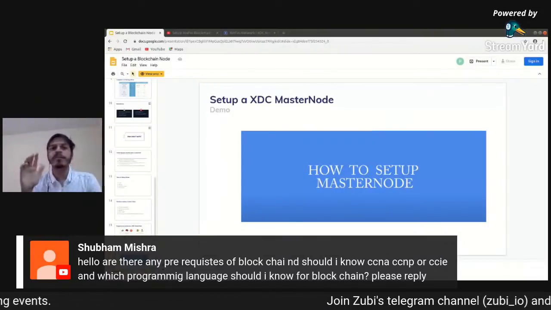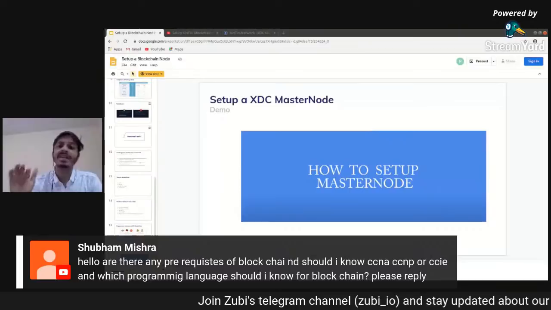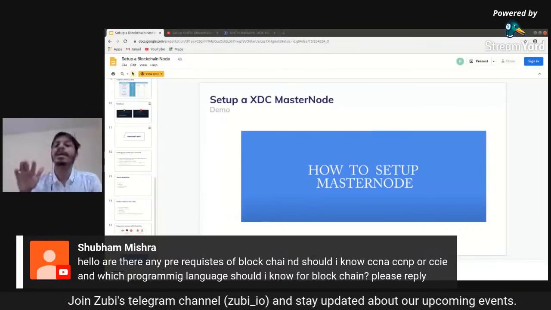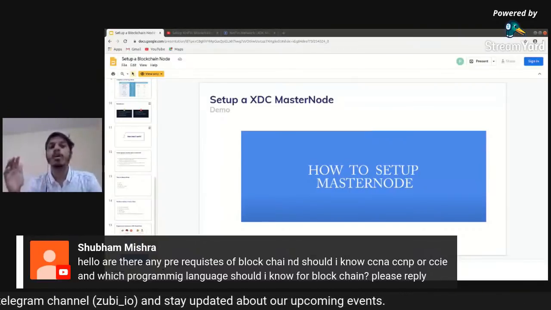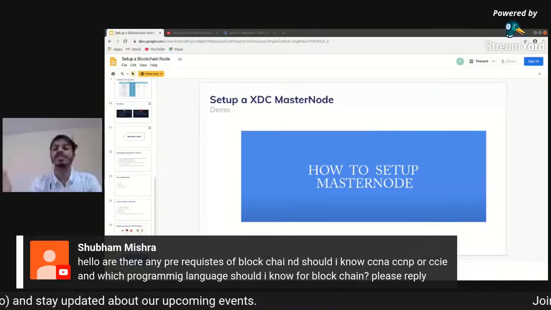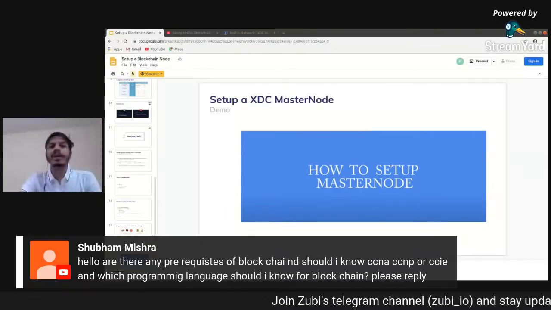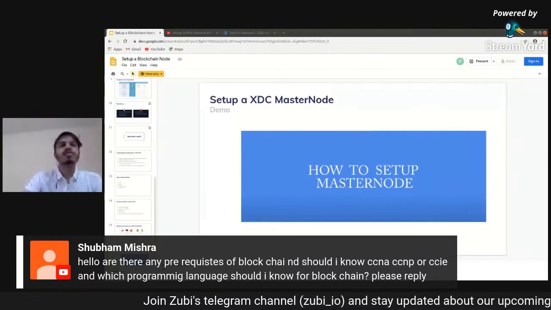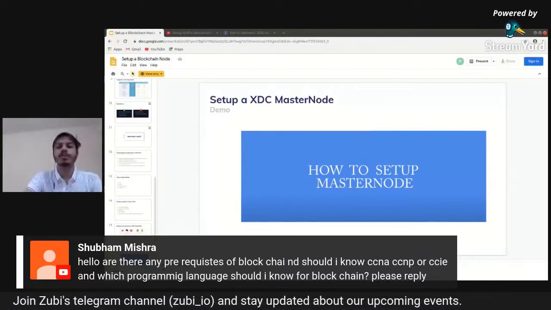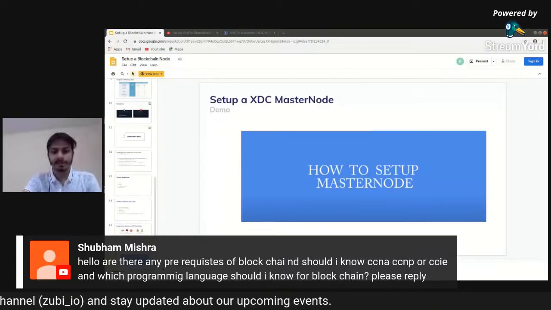If you want to work on the architecture of blockchain, like building an entire blockchain from scratch or making changes to an existing blockchain, you can learn Golang, a language by Google, which is actually being used by most of the blockchains.